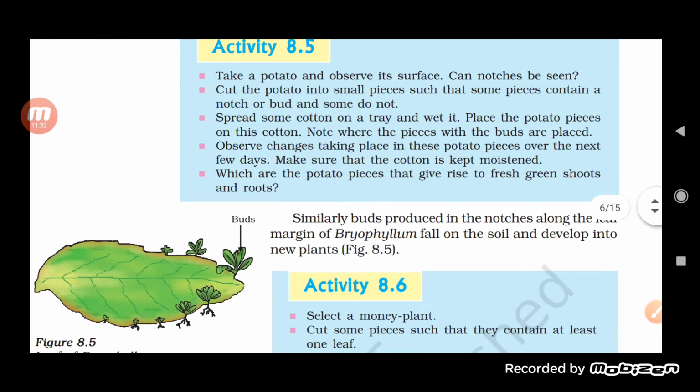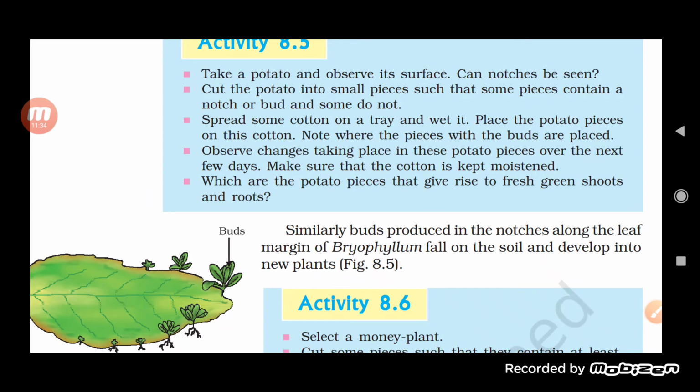Now here is an activity, student. Take a potato, observe its surface. Can notches be seen? Cut the potato into small pieces such that some pieces contain a notch or bud and some do not. Now what is a notch, student? I'll show you with the help of a diagram, but till then just try to understand the activity. Here we have to take a potato and see its surface.